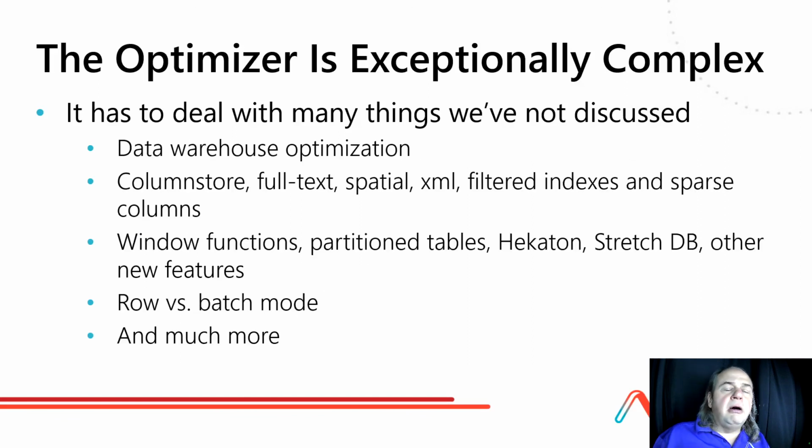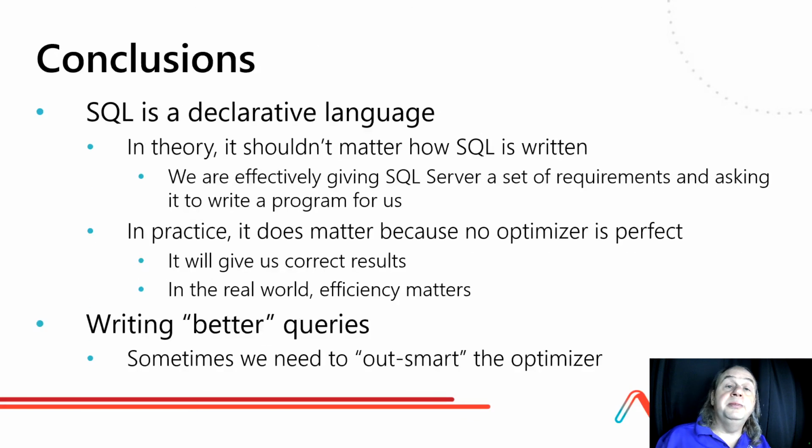There are all kinds of constructs within SQL Server that go well beyond the traditional row store. And what I've got on these last 2 screens here is really just the tip of the iceberg. There are so many things that the optimizer has to take care of. It is truly an incredibly complex piece of code.